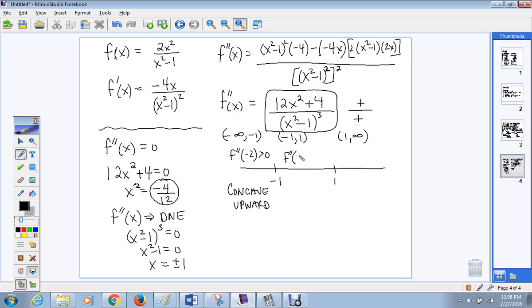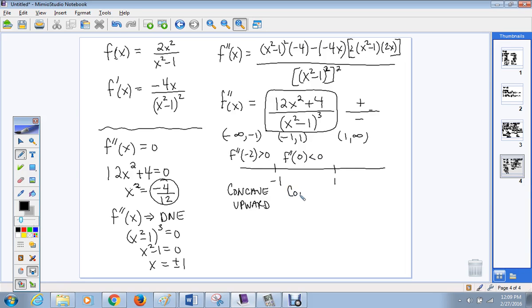If we plugged in 0, so let's determine if the second derivative is positive or negative at 0. At 0, we would get positive 4 in the numerator, and then negative 1 cubed in the denominator would be negative, so a positive divided by a negative would give us a negative value.